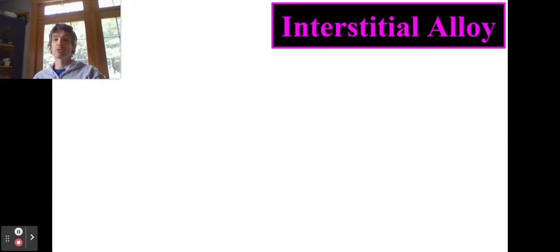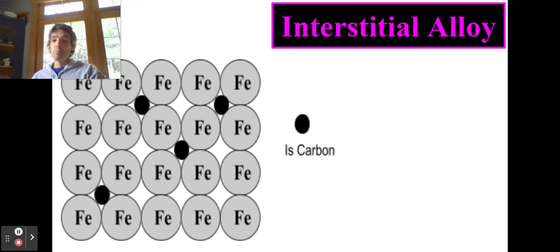Now the other one is called an interstitial alloy. This is steel. This is where the atoms have different radii, and you can see you're fitting one atom in between the other atoms.